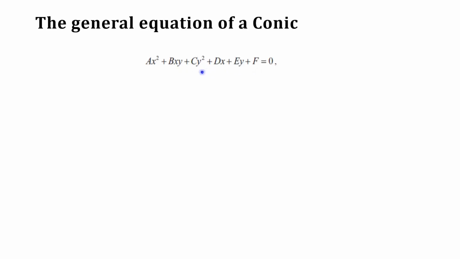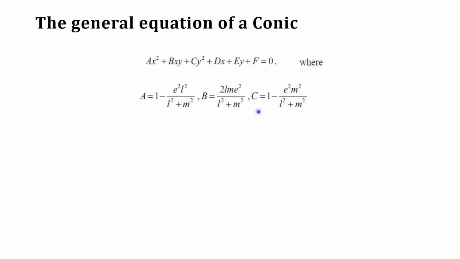That is given as Ax² + Bxy + Cy² + Dx + Ey + F = 0, where A is equal to (1 − e²l²)/(l² + m²), and B is equal to 2lme²/(l² + m²), and C is equal to (1 − e²m²)/(l² + m²).